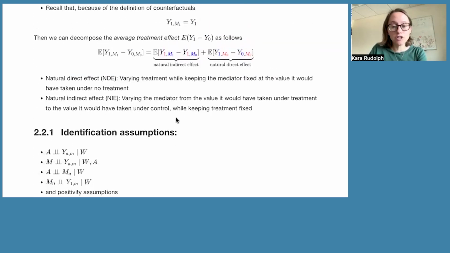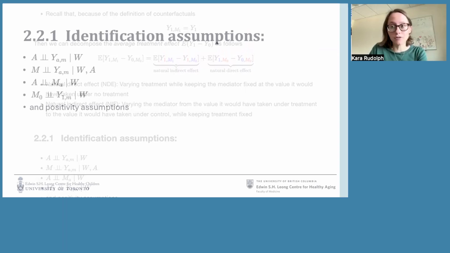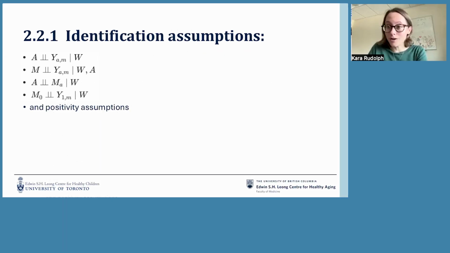Now, the identification assumptions for the natural direct and indirect effects are the hardest, I think, to satisfy. The first two are the same as what we had for the control direct effects. So no unobserved confounding of the treatment and outcome relationship, same as last time. Second bullet, no unobserved confounding of the mediator outcome relationship, same as last time.